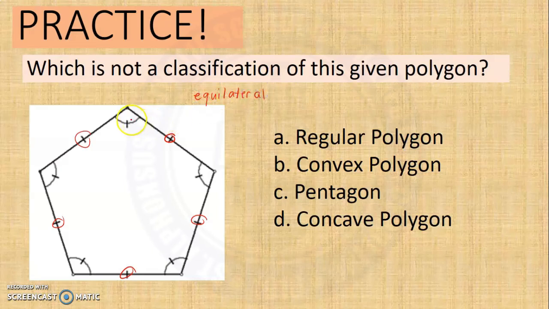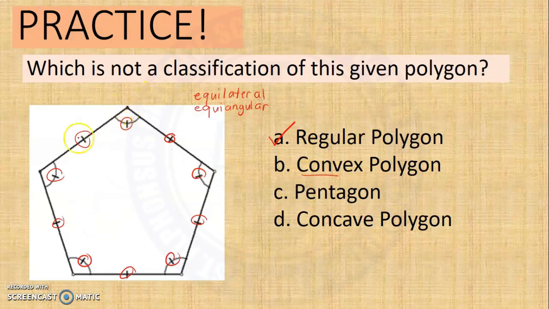We can also see tick marks on the angles, which means this is equiangular. If they are both equilateral and equiangular, that means it is a regular polygon. So, this polygon is a regular polygon. How about convex? Is it a convex polygon?